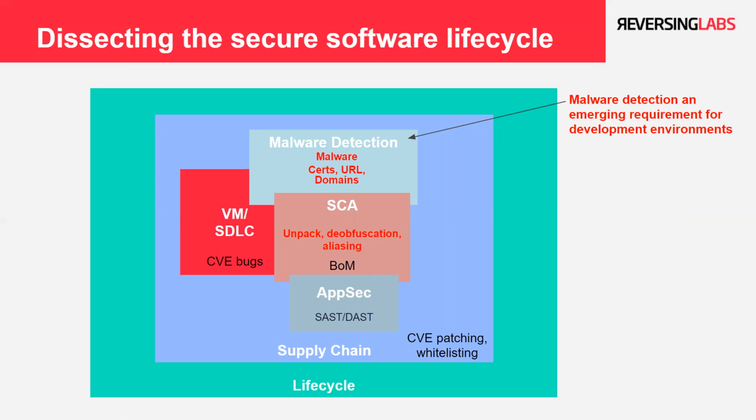And then you have the traditional vulnerability management side of the business, looking at the potential vulnerabilities that can be identified within the software life cycle that you're working within.